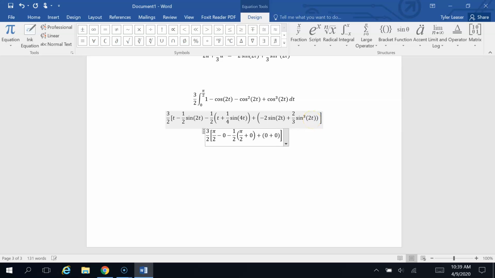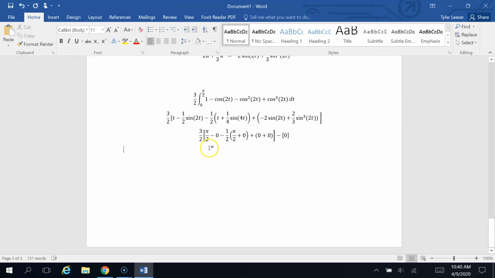All right, so that's just plugging pi over 2 in, and we're going to subtract that by plugging 0 in. So I hope you can see that plugging 0 in is just going to give me zeros everywhere. 0 for this t, sine of 0 is 0, another 0, sine of 0 is 0, 0, 0, 0, all the way down.